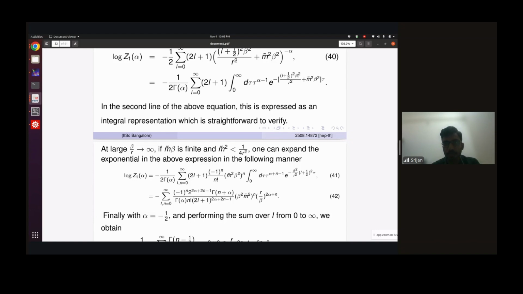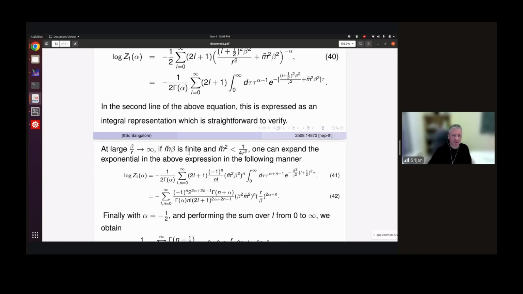If you take that beta by r common, it will be of order r by beta, right? Then you can expand it. This object is very large and this is finite, so you can take this beta by r just outside. Why is it finite? Well, you should expect this is a mass, right? You say this thermal mass is roughly like 1 over beta.